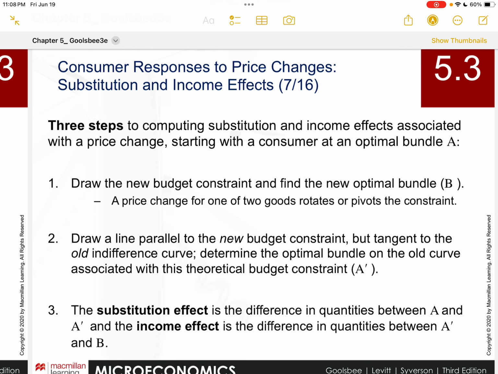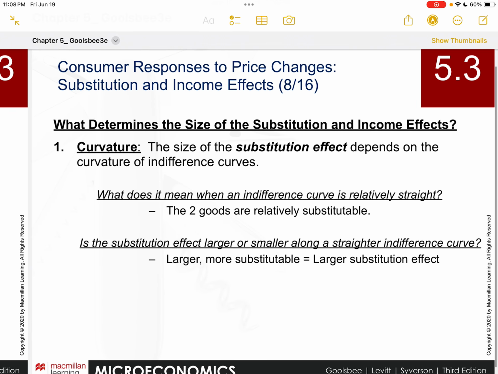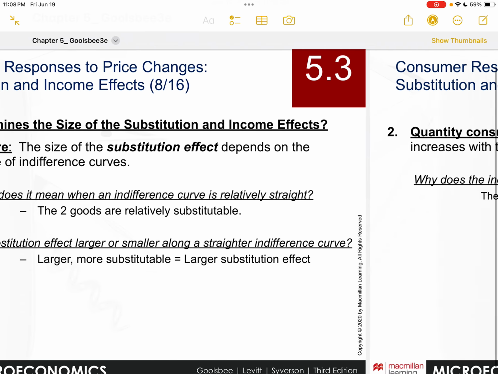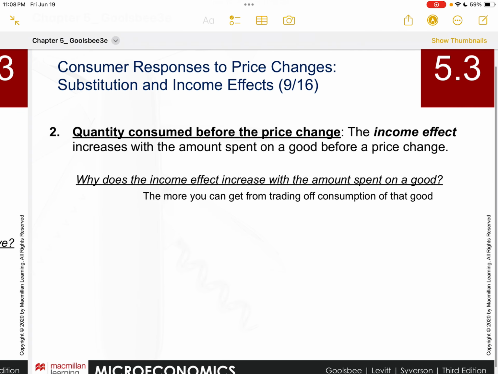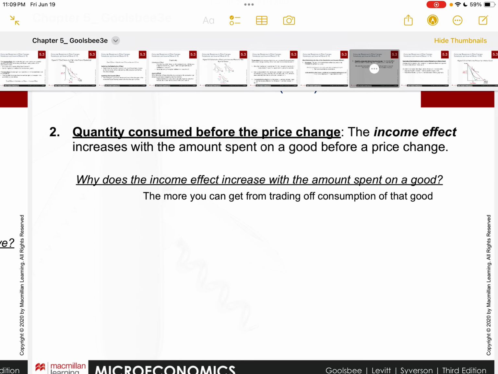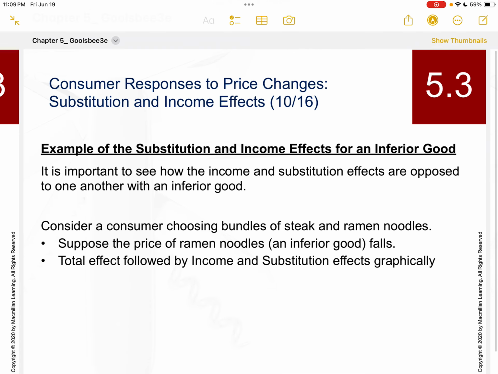That way people not in our class can benefit from pausing to read the slides. Okay, sorry about that.